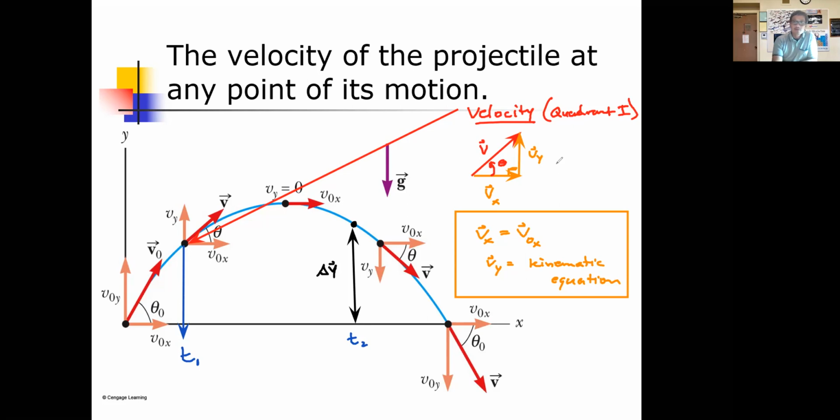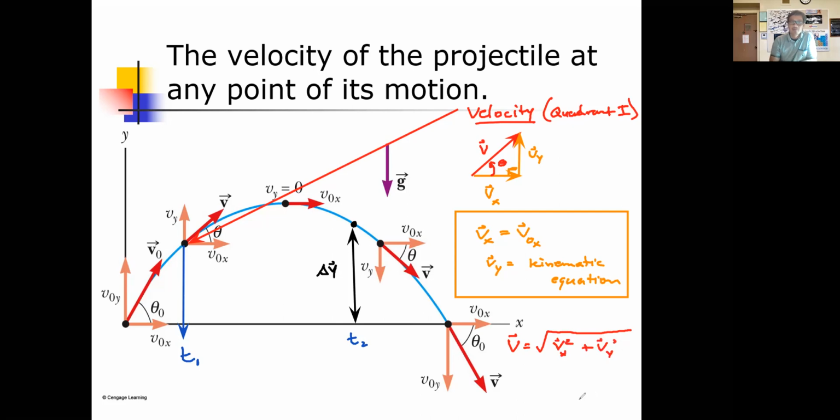Once we have that, I think it's pretty straightforward. Once we've done this calculation, finding v simply requires us to, and I highlighted this in the previous slide, but I'll write it here for you, take the Pythagorean theorem: take vx, square that, and add it to vy squared.